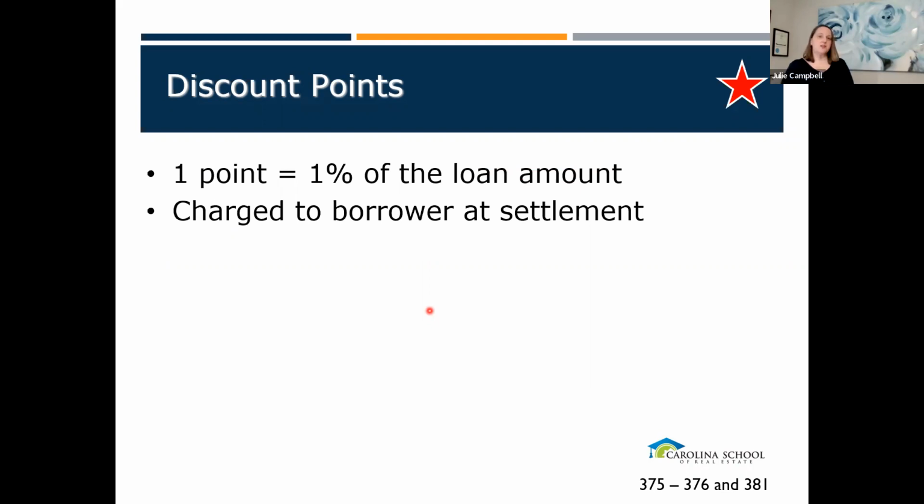The second piece of discount point math that you may see, I don't know if you'll see it or not, is a question that says something like, if a buyer buys discount points, what will their new interest rate be?